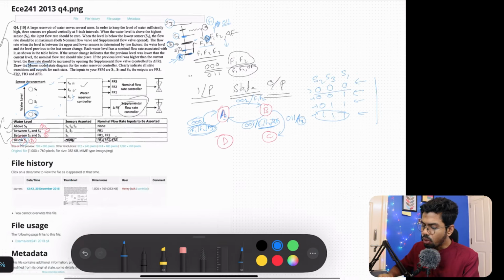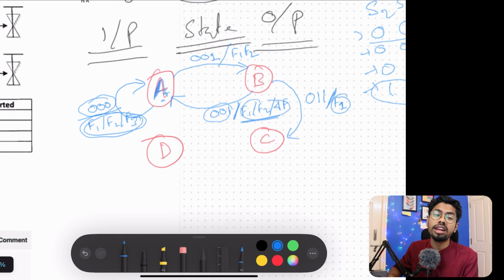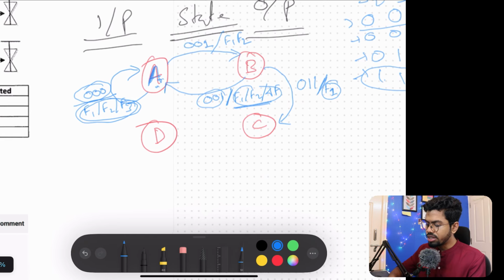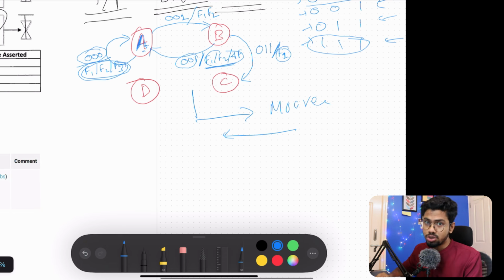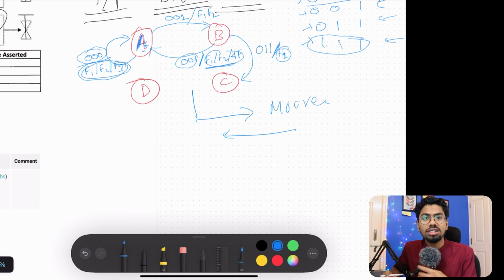And why I started with a Mealy kind of approach is because I want to show you that any Mealy machine can be converted to a Moore machine, and vice versa is true. And the conversion is very important. In any exam, any interview, there might be a simple question like that, and you need to have the ability to convert from one to another and vice versa.